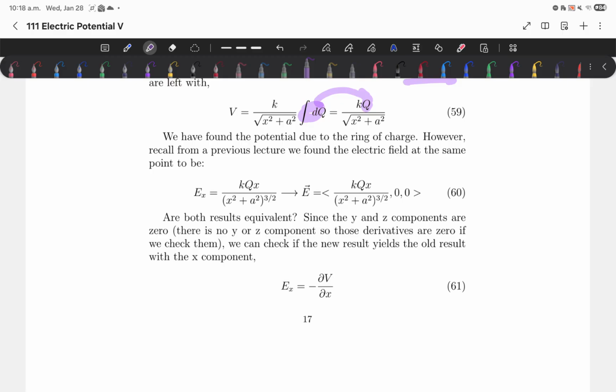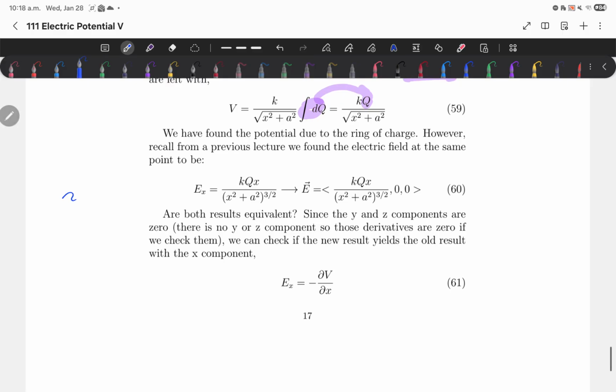We claimed that the electric field is always the negative derivative of V. So what do you think is going to happen when we take the negative x derivative of this? What are we probably going to get? The other one, right? And quite cool, you take this derivative, which is a bit more complicated than the other one we did. Take the negative x derivative, the 1/2 power becomes a 3/2 power, and you get the exact same electric field we got a few classes ago.